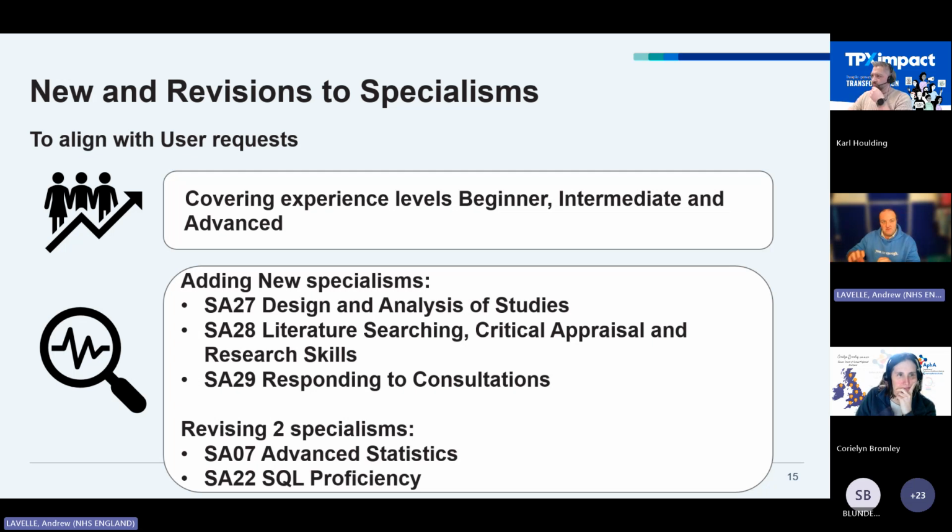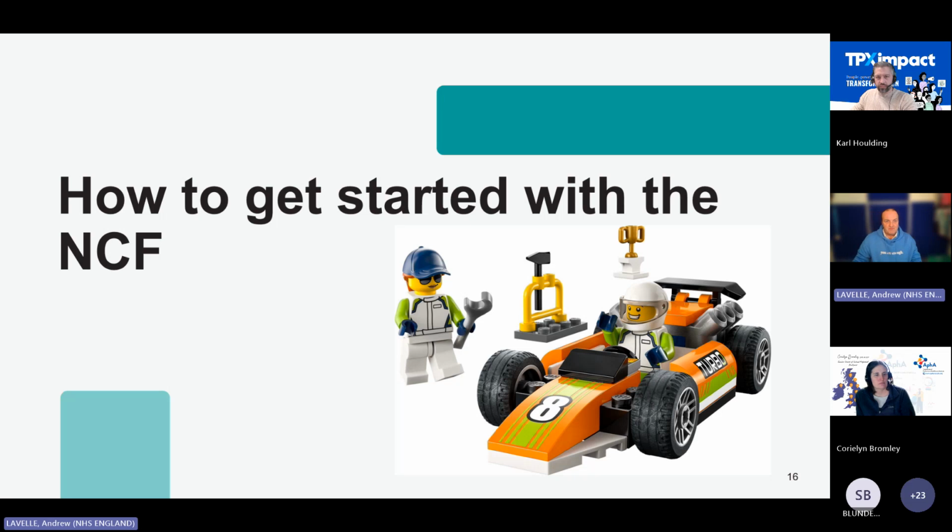So it shouldn't just be something that sits within public health, it's something that's going to apply to everyone. So that's why those have come in. And then we've revised material around the advanced statistics and the SQL proficiency based on feedback that we've had from people during the year, so that people can get a better understanding of what we mean on certain things.